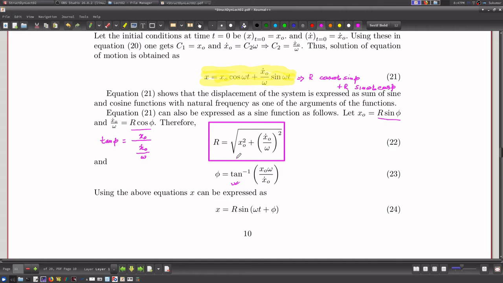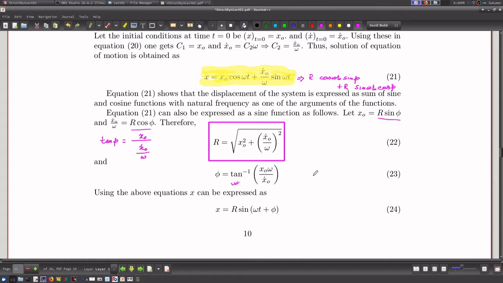For example, if you want to have a cosine term, then I will use the cos A cos B plus sine A sine B formula, so that I can write the cos A minus B formula. Therefore x naught will be r cos phi and x dot naught by omega will be r sine phi, and in that case my amplitude will remain same, but the phase difference will be negative of this, is it not?